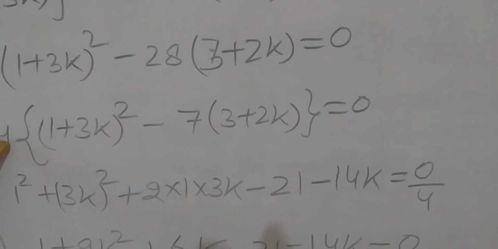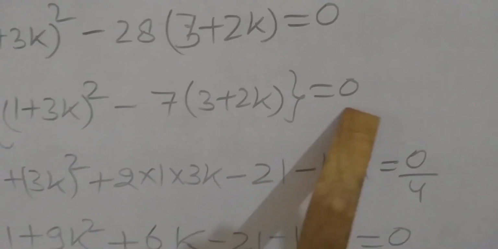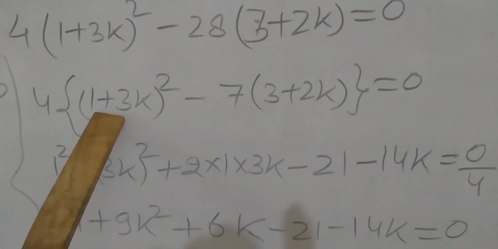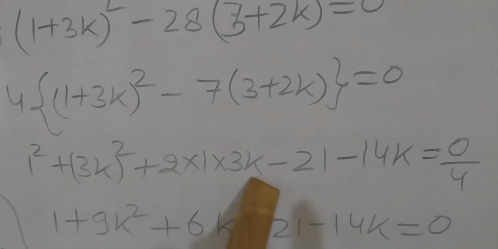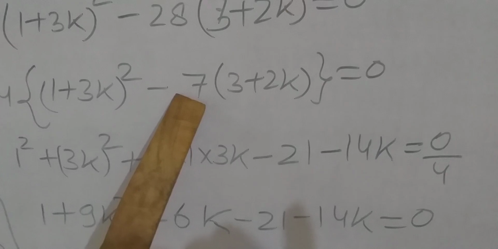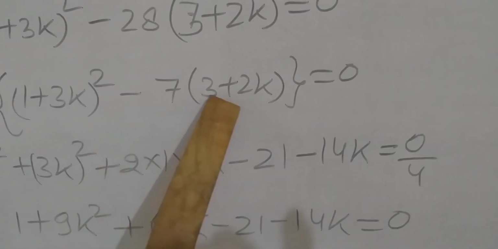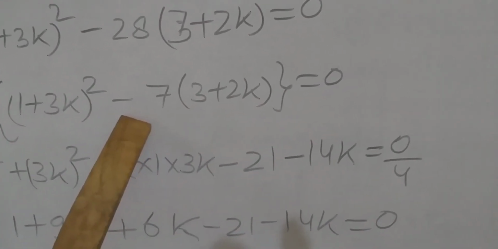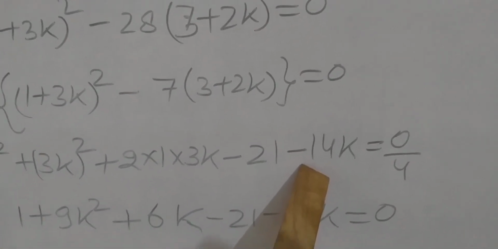So 4 will go to the other side, in the denominator. Let us open the bracket by the formula (a + b)² = a² + b² + 2ab. Let us open this bracket also, students. Minus 7: 7 times 3 is 21, 7 times 2 is 14k, and since the minus is outside, the sign will change.